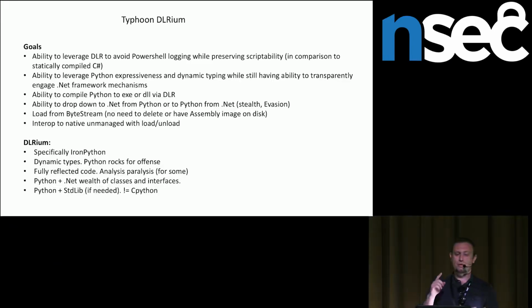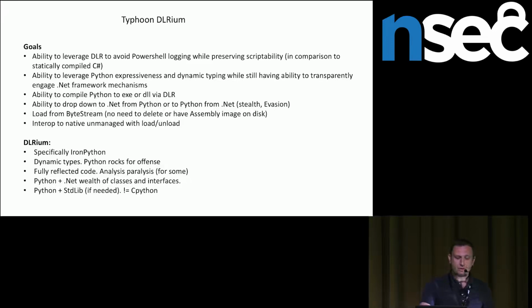We want to actually use the features of .NET that were hidden through the regular C# invocation, is to actually load DLLs and assemblies through the byte stream, read network stream, or maybe a pipe, right, or a socket, whatever the case may be. And we want to maintain the interop to the native interface through DLR.